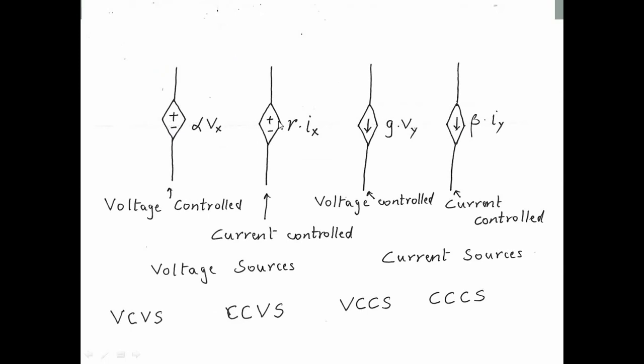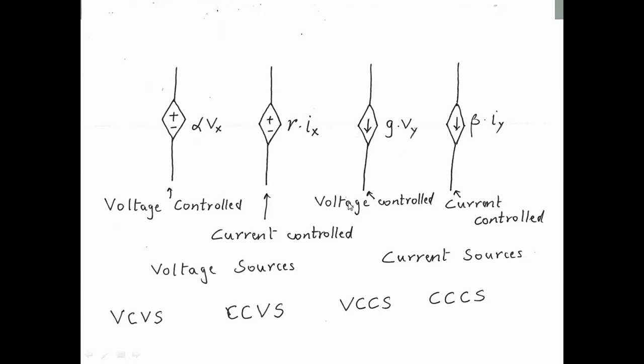A dependent voltage source, the value can depend on a voltage somewhere else, then it's called a voltage controlled voltage source, or that value can depend on the current somewhere else, then it is called a current controlled voltage source. Or if you have a dependent current source, the value can depend on the voltage somewhere else.